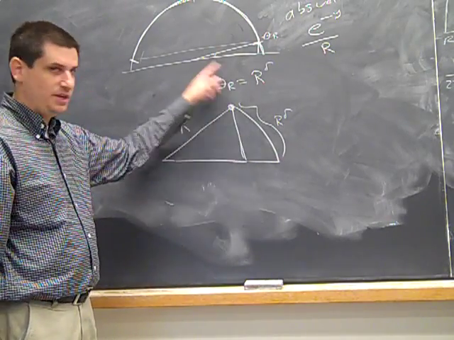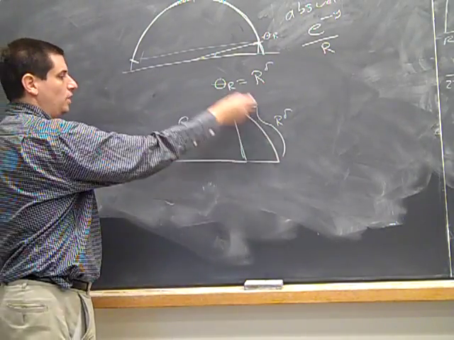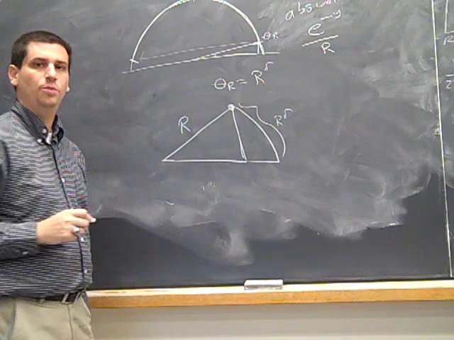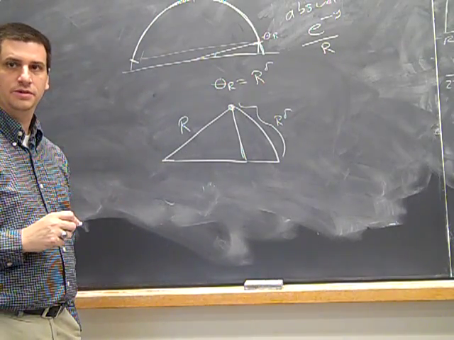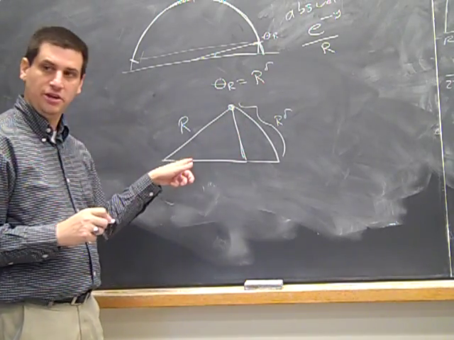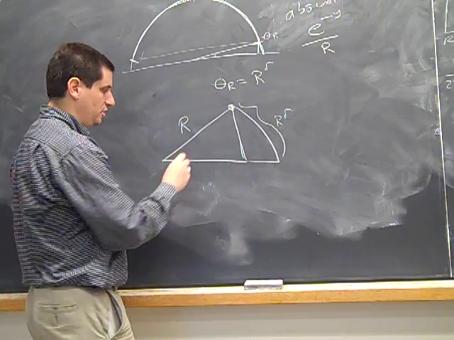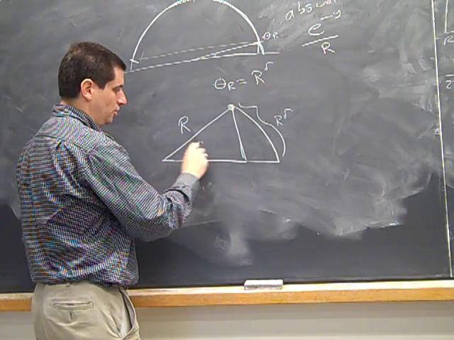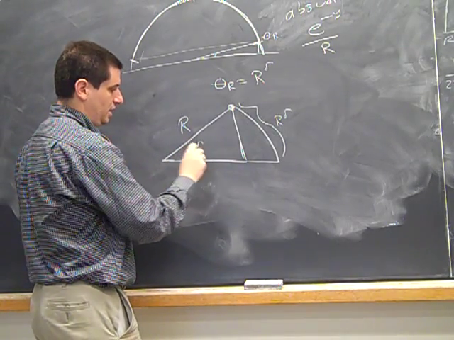Well, how do I get the angle? The whole perimeter is 2 pi r. The length of this is r to the delta. So the angular measurement is going to be r to the delta over 2 pi r.